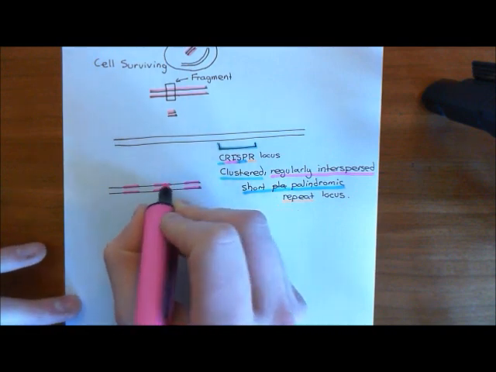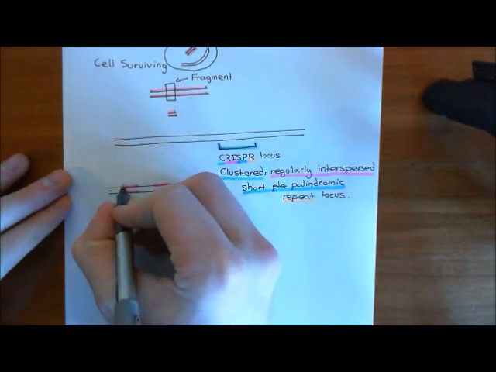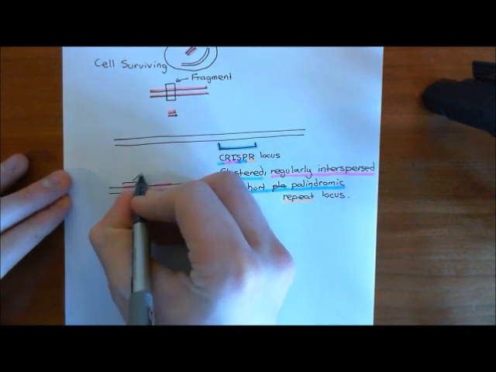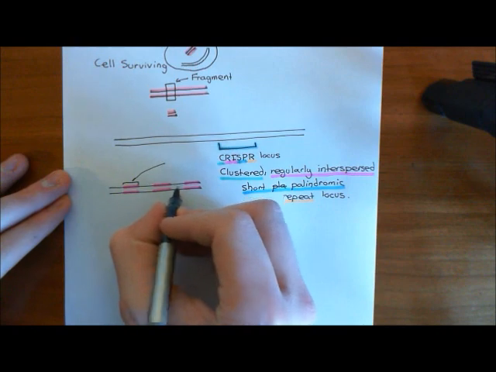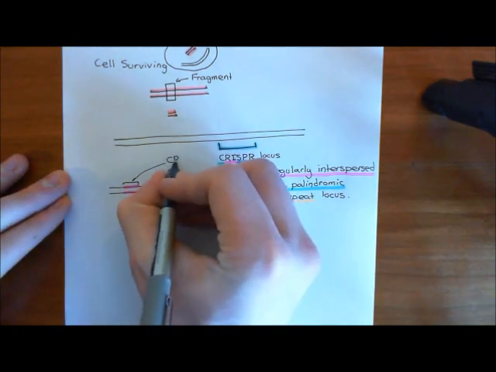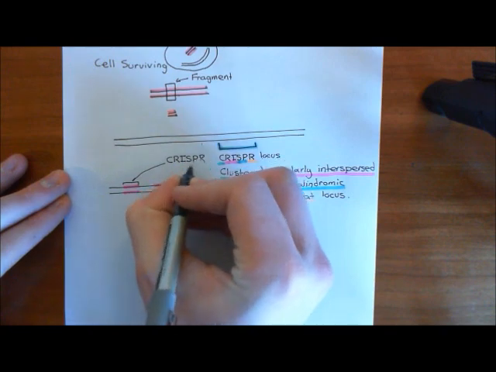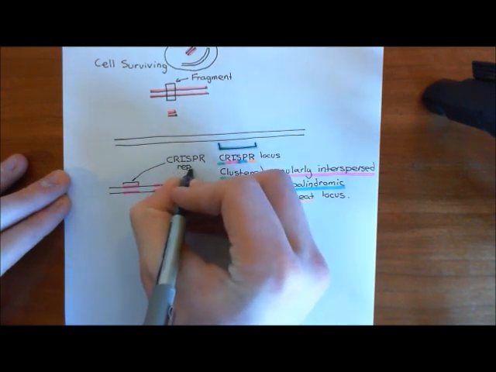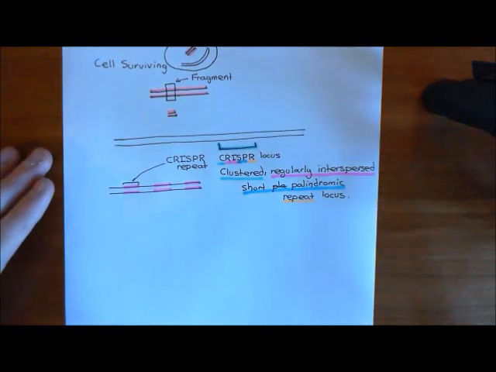You'll have it repeated hundreds and hundreds of times. This little sequence in purple that is repeated loads and loads of times with these gaps in between the repeats is known as the CRISPR repeat.